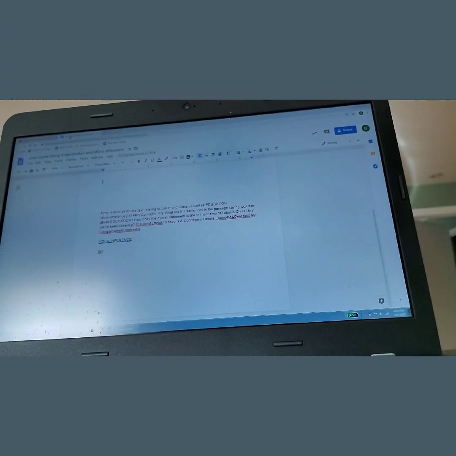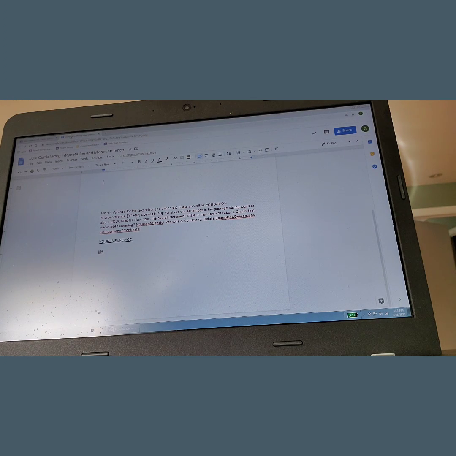And for the section that says inference, you're typing in how the two are related to each other. As you're typing, for the most part, you already have some stuff that's ready to be copied and pasted.